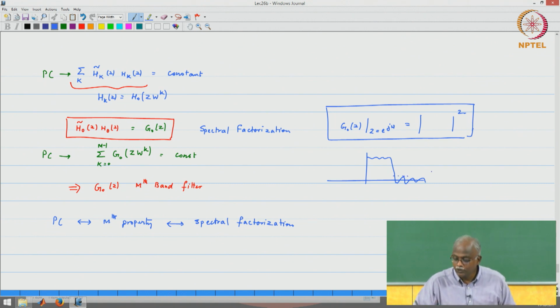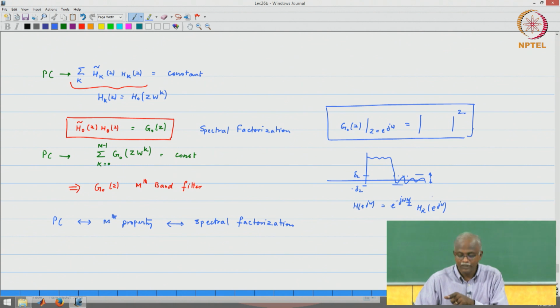If this is delta 2, it oscillates between plus delta 2 and minus delta 2. If the filter H E of j omega is a linear phase filter, e power minus j omega n by 2 H r E of j omega, this is real valued.